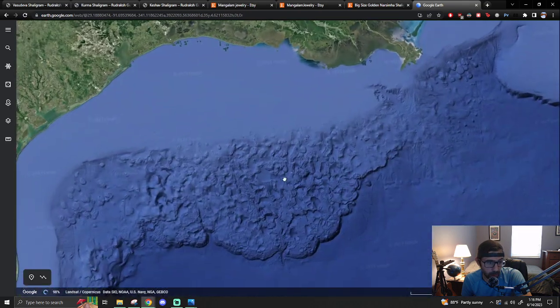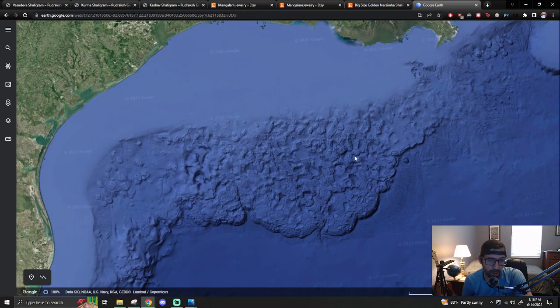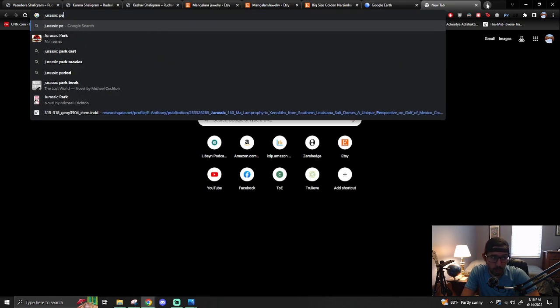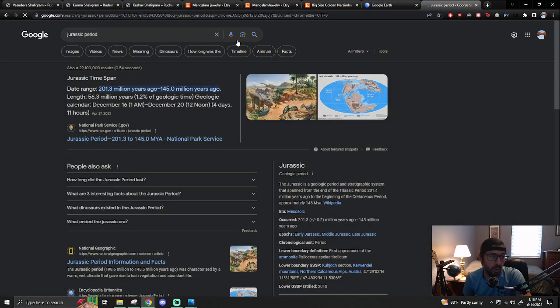but there's all these salts here. I looked them up. They formed in the Jurassic, $200 to 145 million years, radiometric dating.